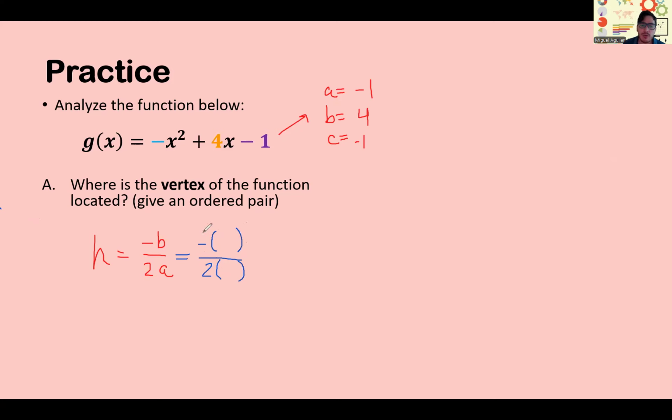What number goes on top of our fraction? -4. The negative is from the sign that's in the formula, so we're just plugging in 4. I just want to be clear about that, because if you tell me we're plugging in -4, I would be tempted to put a second negative. So we're just plugging in 4 because that is what B is.